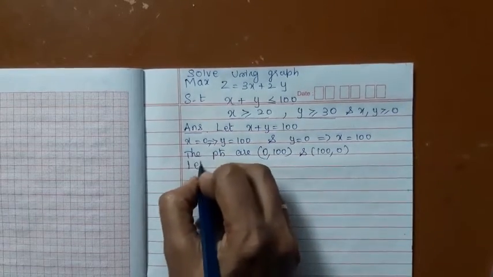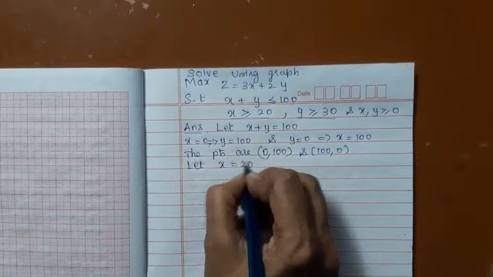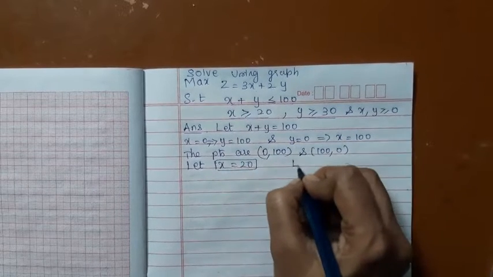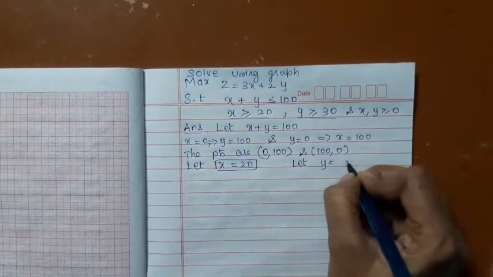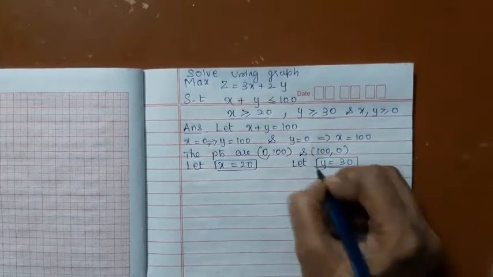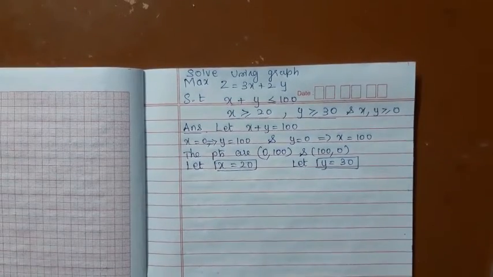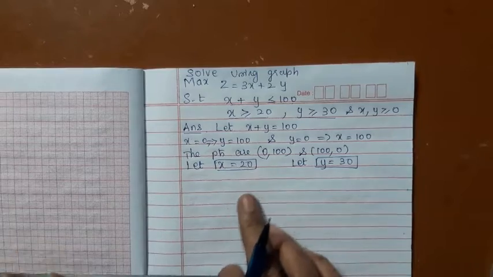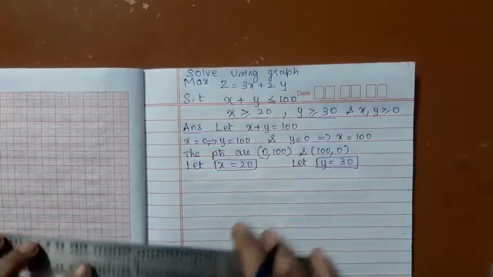Let me consider the second constraint as an equation, and also the third constraint as an equation. Seeing the points, I understand that my graph should accommodate values from 20 to 100.